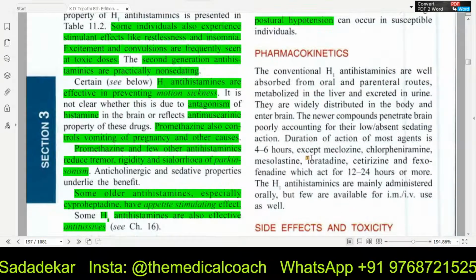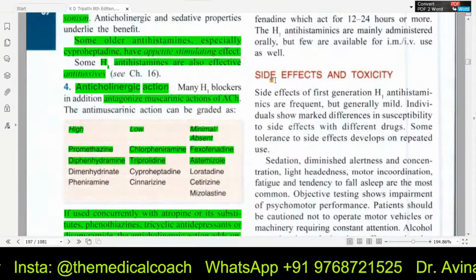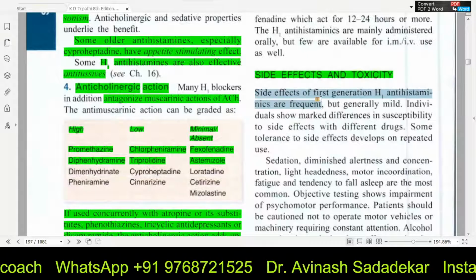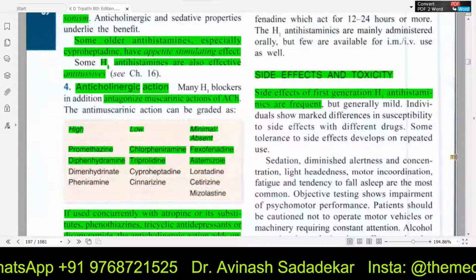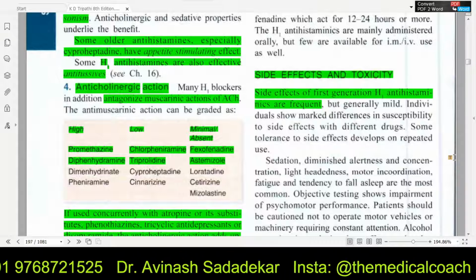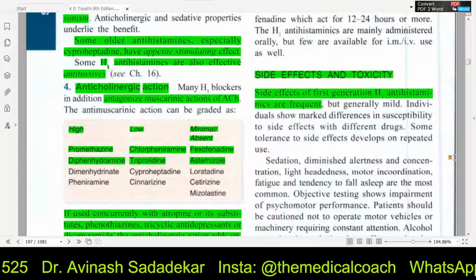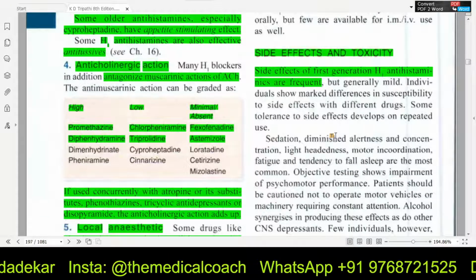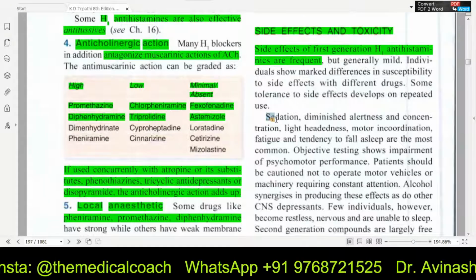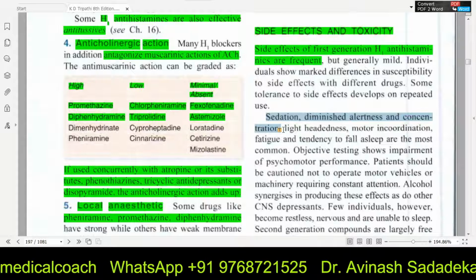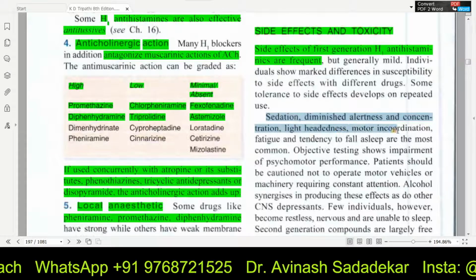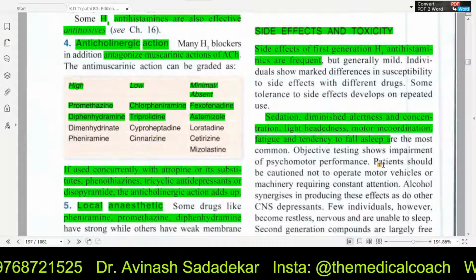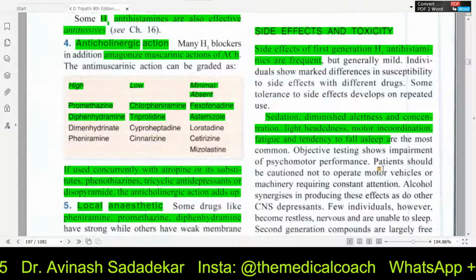You don't really have to know pharmacokinetics, you just need to know the side effects of these medications. The first generation H1 antihistaminics had side effects, but usually mild, and individuals had different susceptibility. So the same levels of side effects will not be achieved in all individuals. Sedation, diminished alertness, diminished concentration, lightheadedness, motor incoordination, fatigue, and tendency to fall asleep would be the commonest side effects because of the action across the blood-brain barrier.